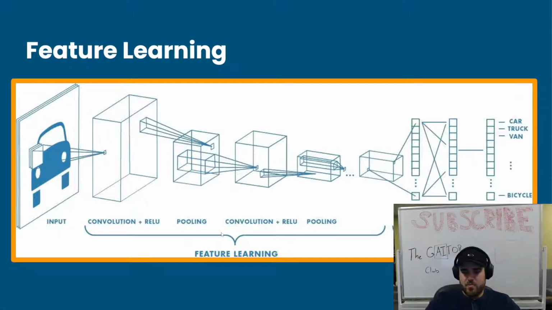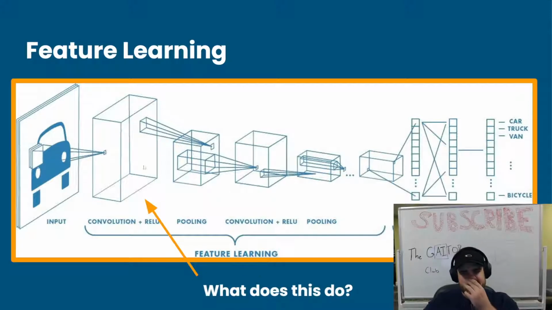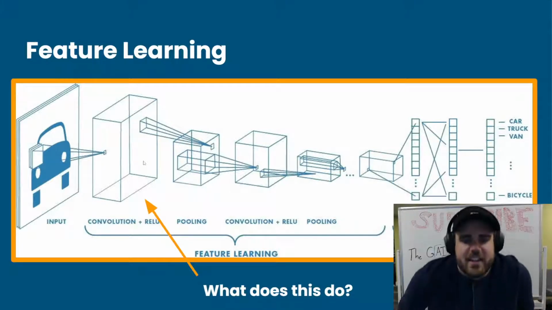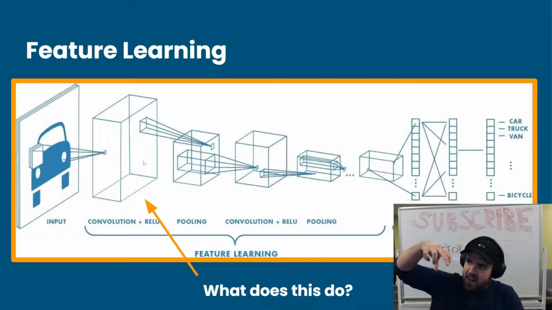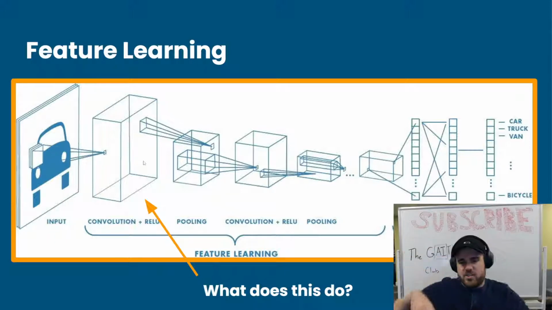And basically, let me see, what does this do? A convolution is just a layer that changes the way an input looks, right? So it's basically not much different than a neural network. It's just that a neural network doesn't have a matrix. It only has a weight and a bias. That's essentially the difference.